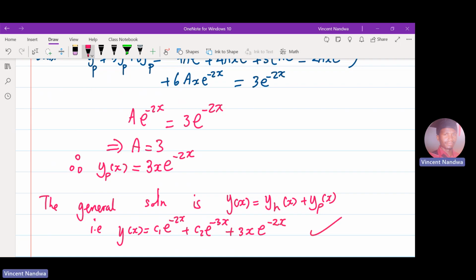So remember, if in the same question you have been given either boundary conditions or initial conditions, you can get the actual values of C1 and C2.